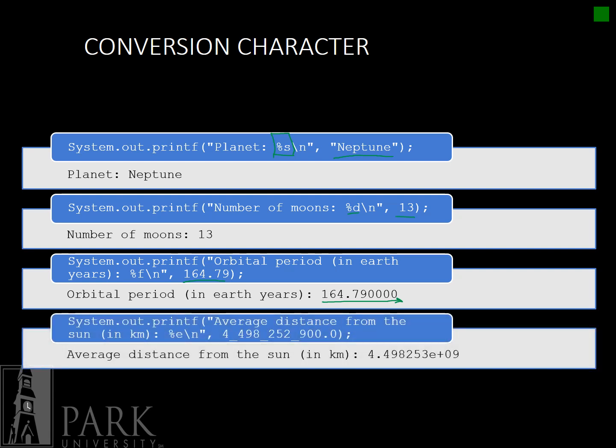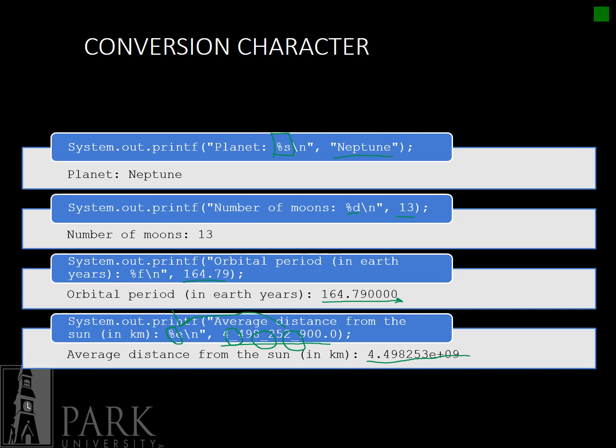And then here is an example of the scientific notation. We got this really long number, and if you remember, we can use underscores inside of numbers as sequence separators, right? So normally in English we would use commas, but in Java we have to use underscores, okay? Basically the compiler is going to strip them out. We don't have to worry about it. But we have this %E. That's going to take this number right here, it's going to plug it into here, and then it's going to convert it into scientific notation.